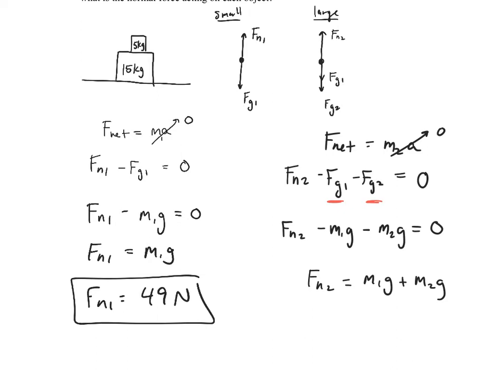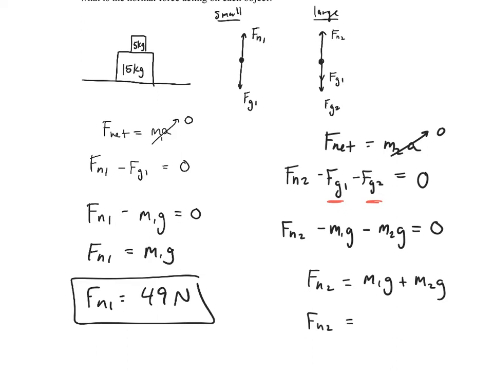So the normal force acting up from the table is equal to the weight of both objects. And that is logical. Look at the boxes. They're not falling right now. Why not? Because the countertop supports both of their weights. The countertop force, Fn2, is equal to the weight of both of these objects, and that's what we see in this equation.